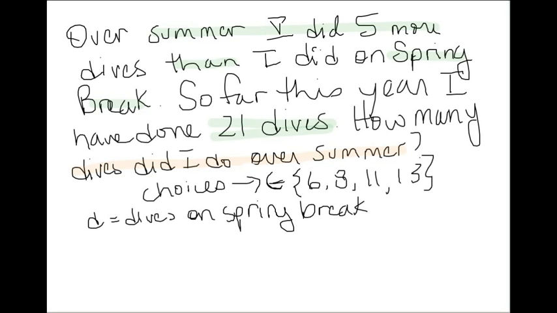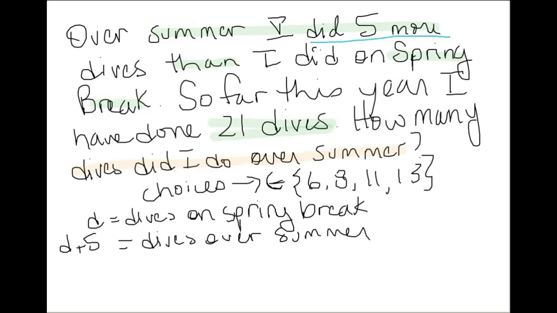I'm going to say that D equals the number of dives I did on spring break. And so dives over summer, well, I know that I did 5 more in summer than I did on spring break. So I'm going to say D plus 5.